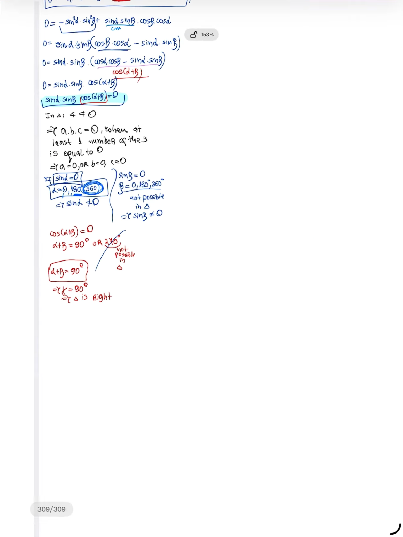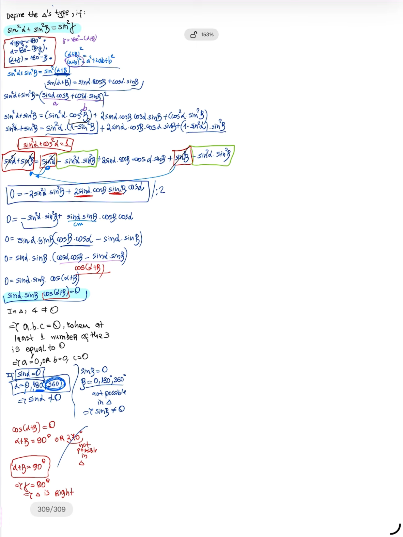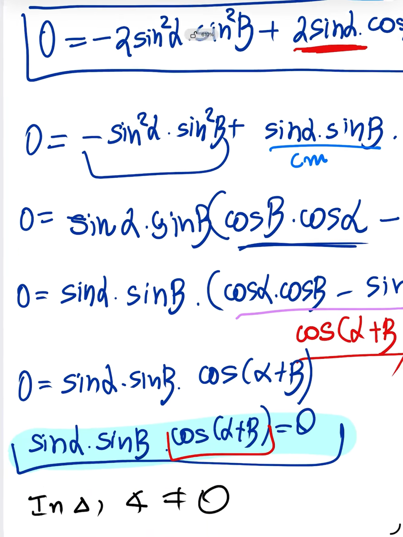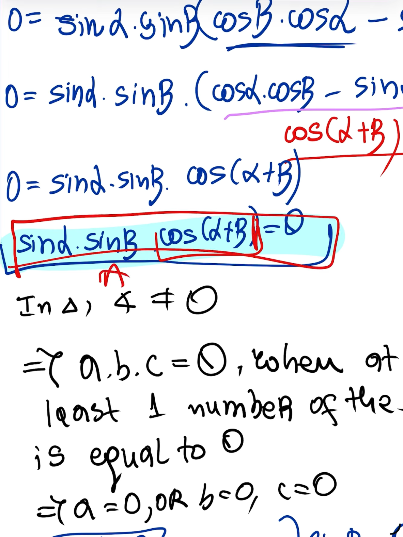So this is how we solve these exercises. We just transform the identity until we reach a point where we have three multiples. And then, for this expression from the left side to be equal to 0, the only possible way is for one of the three multiples to be equal to 0.